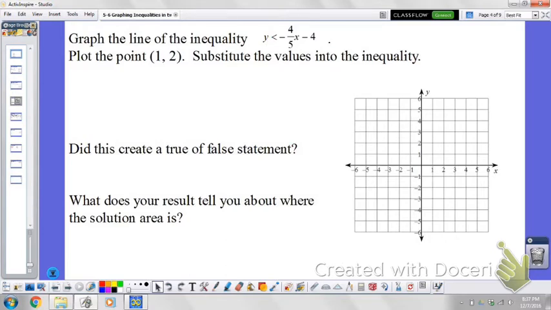So I have a y-intercept of negative 4. I have a slope of negative 4 over 5. I can't go down 4, so I'm going to go up 4. And since I went up, I have to go to the left 5. So that gives me another point right here. And that'll be my line. And I will use a dashed line since it's just less than.